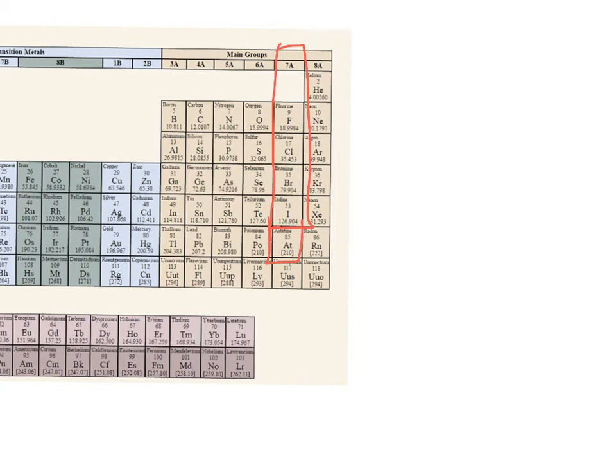The elements in group 7A all have 7 valence electrons because they're in group 7A. Well, we know, based on the octet rule, that they want to have 8 electrons in their valence shell. So it's not a big leap to say, hey, they want to gain one extra electron and gain a negative charge. But let's role play it out.